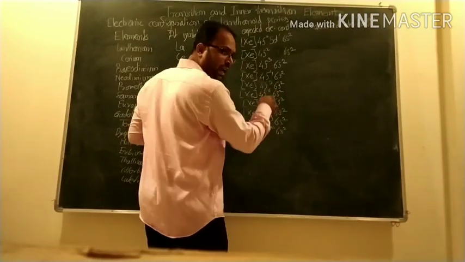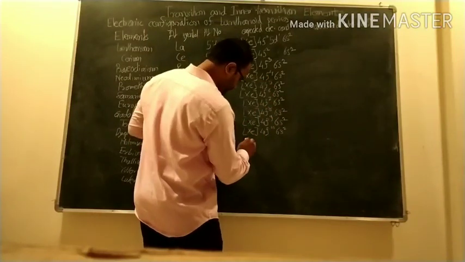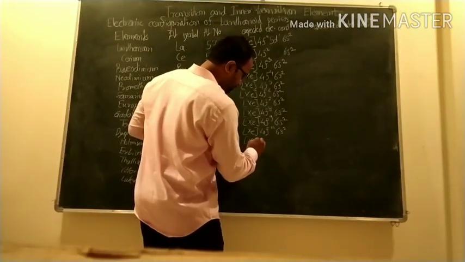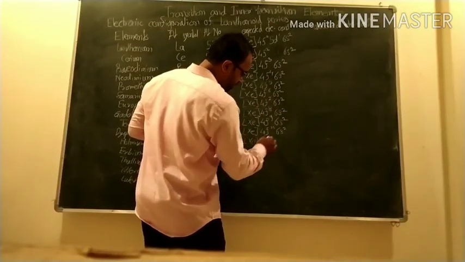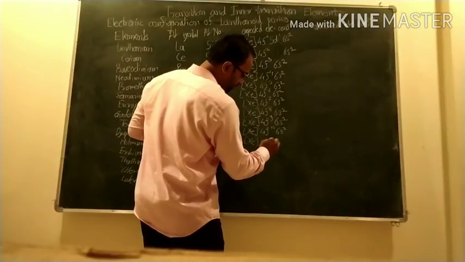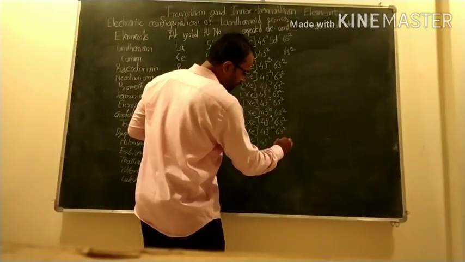Only one electron is added in the 4f section, not changing the other sections. Then 4f11 6s2.